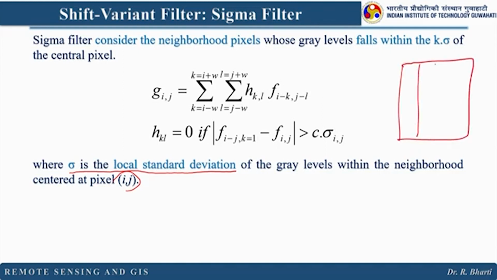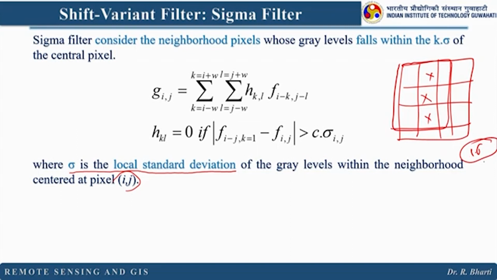Here you have one image and you have considered, let us say, 3 by 3, and this is the central pixel, and then you have decided 1 sigma or 2 sigma, and suppose only 2 pixels qualify to be within this range, then only those 2 pixels will be considered in averaging, right.